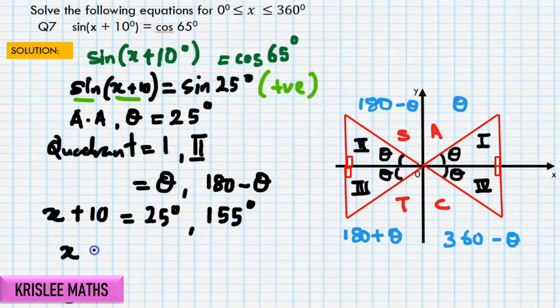Now you can find x. So x plus 10 equals 25. Therefore x is 15. The other value, x plus 10 equals 155. Therefore x is 145 degrees. So these are the possible values of x.